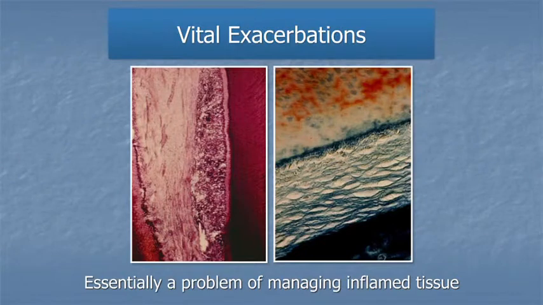We will be focusing on vital exacerbations. Non-vital exacerbations are related but have some degree of difference. The vital exacerbation is a classic problem of managing inflamed tissue, in contrast to the non-vital exacerbation, which is focused on the management of infection. The image on the left shows what a pulp looks like with a severe pulpitis.